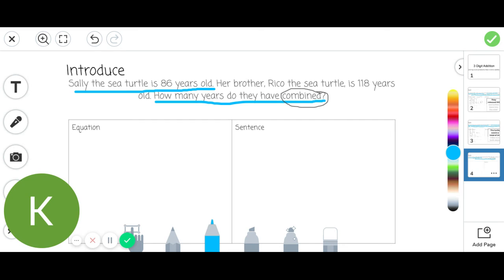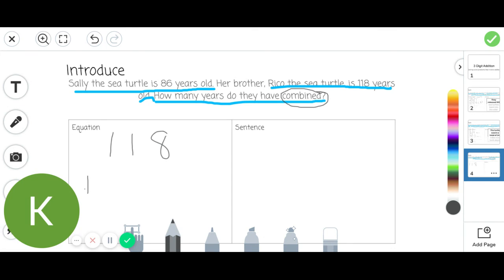Her brother, Rico the sea turtle, is 118 years old. That means I'm going to combine 86 years and 118 years. So again, just like before with adding, I could write 86 plus 118. I just prefer to do 118 plus 86. You can do whatever makes you feel comfortable.